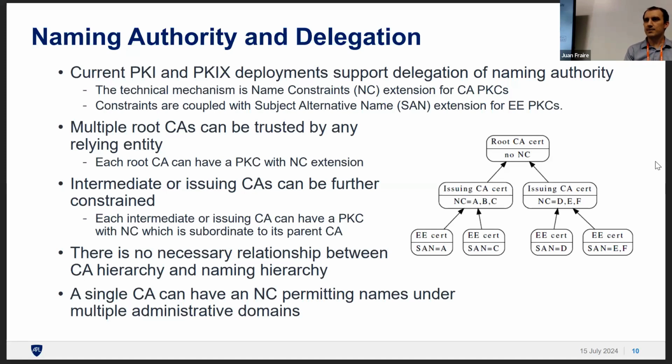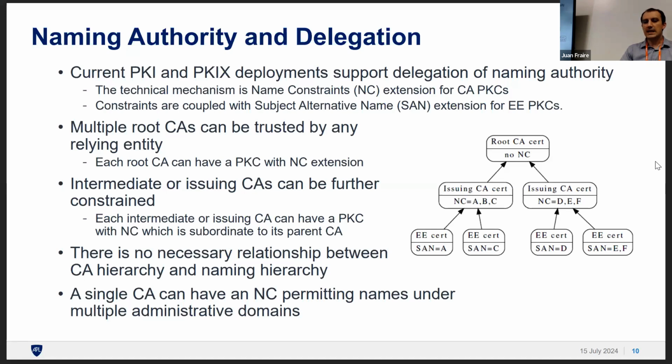How do you trust that a node is supposed to have a certain node ID? The way this works in the PKIX is there's something called a name constraint, and there are things called subject alternative names. The idea is that end entities have names, and CAs can have name constraints.